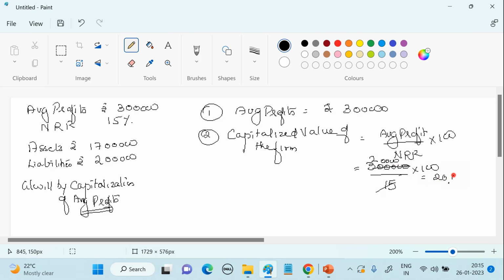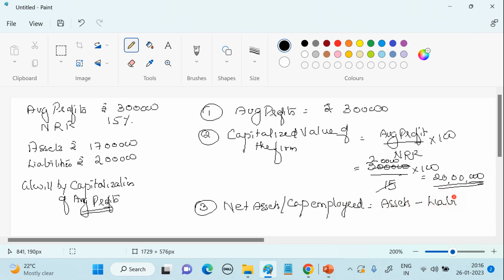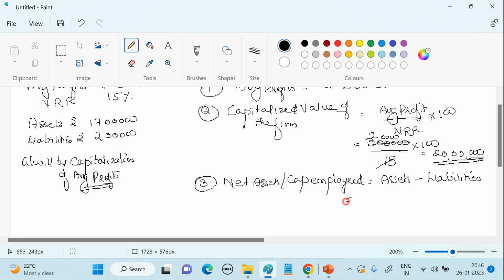That would be 20 lakhs. Next step, what are we supposed to do? Find out the net assets or capital employed in the business, which is here total assets minus liability. Details of any non-trade investment or fictitious asset is not given, so we assume there's nothing of that sort. We just find the difference between the two. So 17 lakh minus 2 lakh. So 15 lakhs.